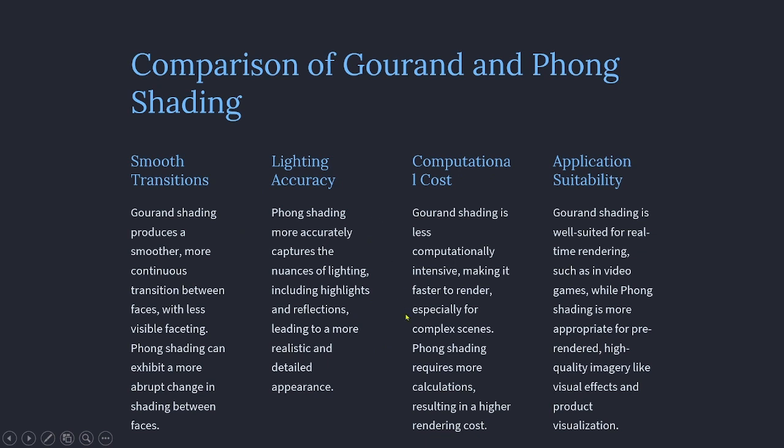The computational cost will obviously be higher for Phong shading as we are interpolating the normals, but in Gouraud shading it is less. So application-wise, Gouraud shading is well suited for real-time rendering, as it brings down the computational cost, while Phong shading is useful for high quality imagery, or where we don't have any restrictions on computational cost.